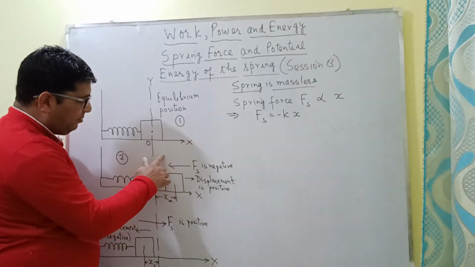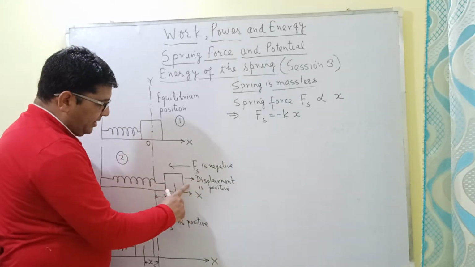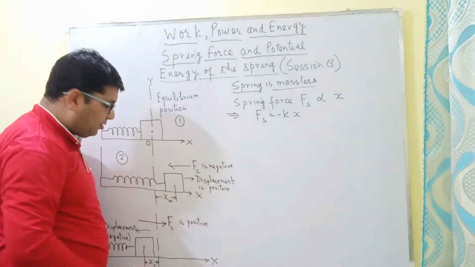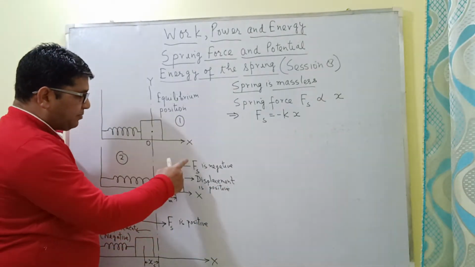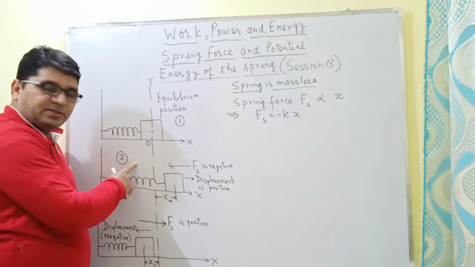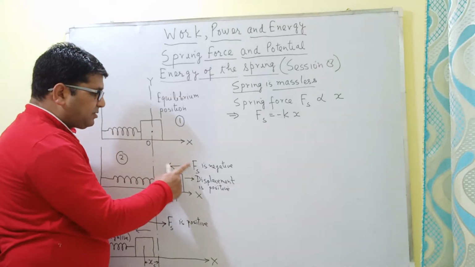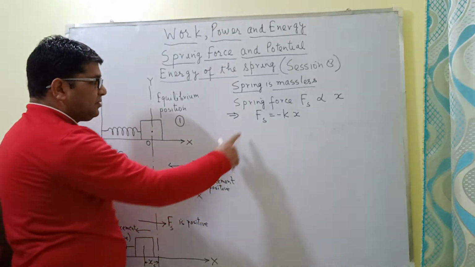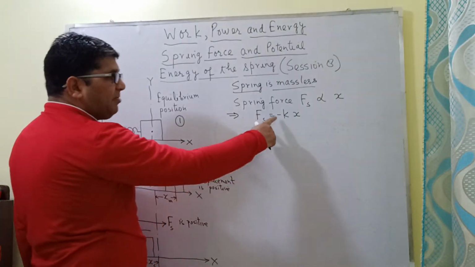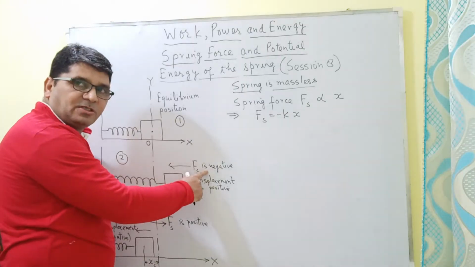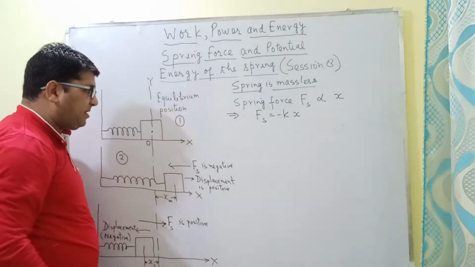In figure number 1, you can see that when this block is displaced along the positive x direction, the spring force is acting in the negative x direction. That is, the direction of the spring force is opposite to the direction of the displacement. So Fs is equal to minus kx, where the minus sign indicates that the direction of Fs is opposite to the direction of displacement.